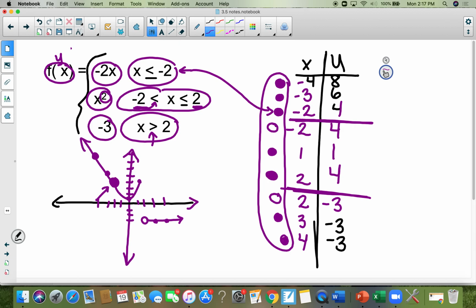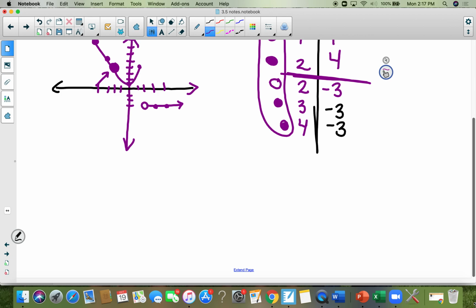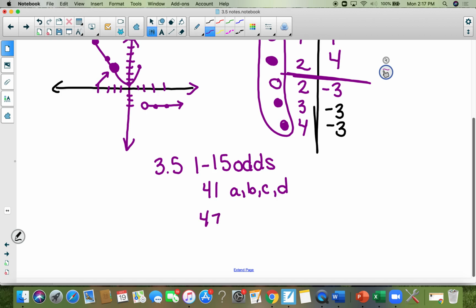So, for the assignment, I changed it a little bit. What I am going to have you do is on 3.5, 1 through 15 odds, 41 A, B, C, and D, and then 47 through 51, which are 3 problems on how to make a piecewise function.